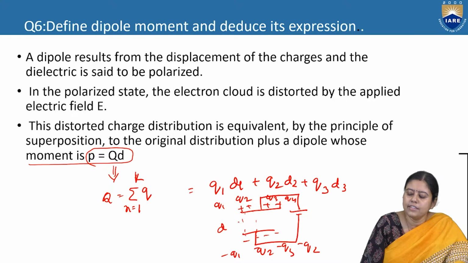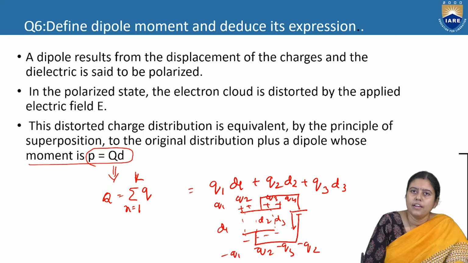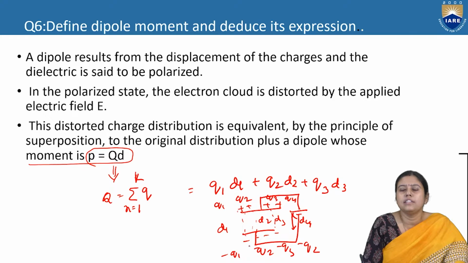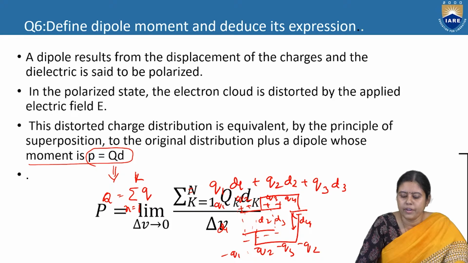I am taking them as D1, D2, D3, D4. So what is the overall dipole moment? Q1 D1 plus Q2 D2 plus Q3 D3 and so on is the dipole moment.